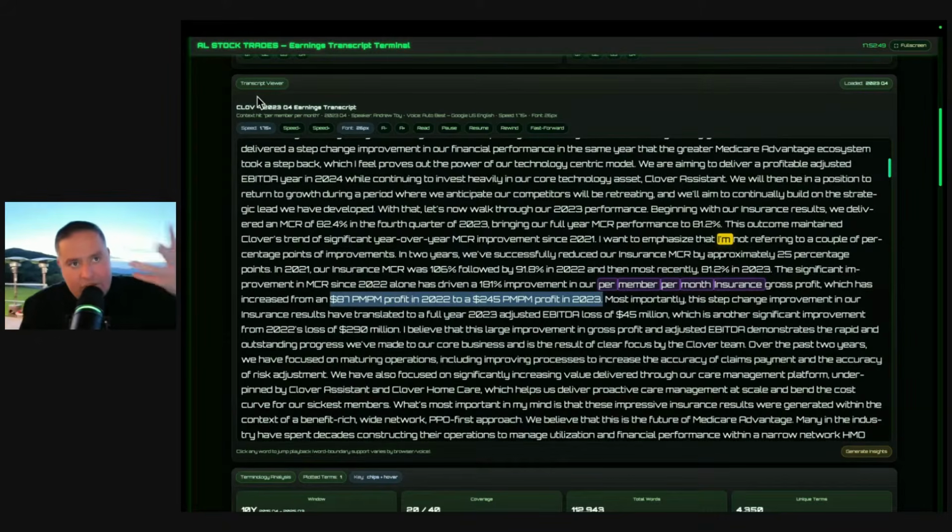Because they report Q4s in the next year, like Q4 2025 is going to be reported in 2026, right? So what they've said here is the per member per month was $245 of profit for returning members and about $87 negative for new customers, new patients.